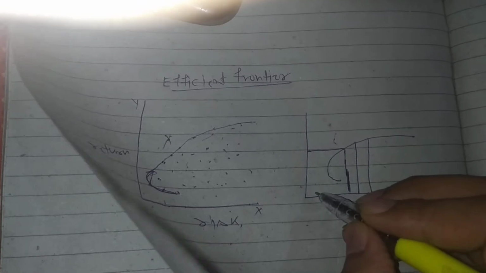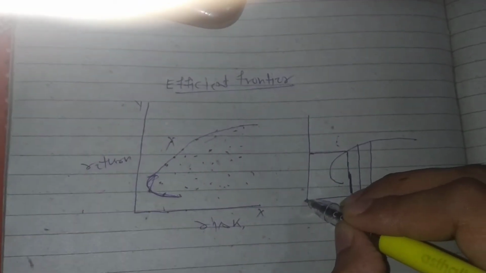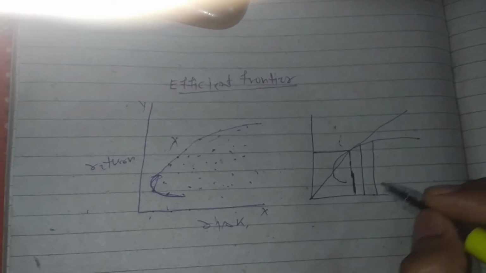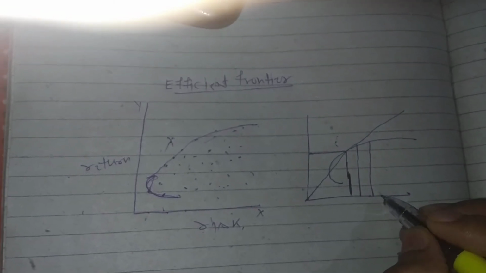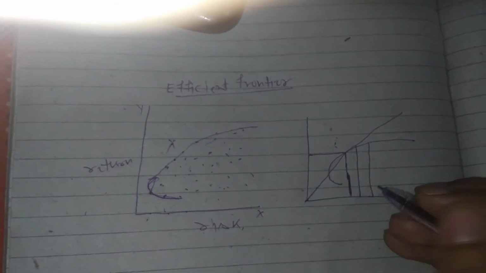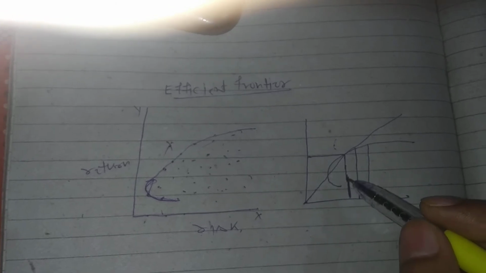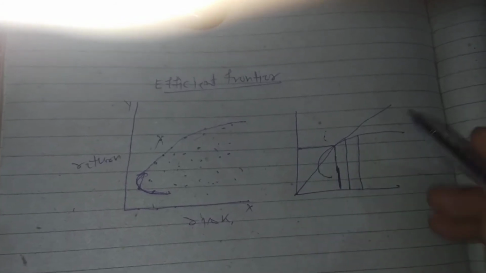If it had been linear, then we could say that as much as the risk is increased, the return will increase proportionately to the risk. But it is not true with the efficient frontier. The efficient frontier is concave to origin.